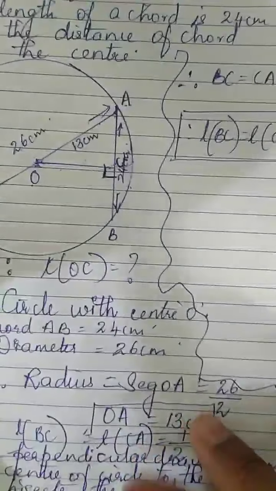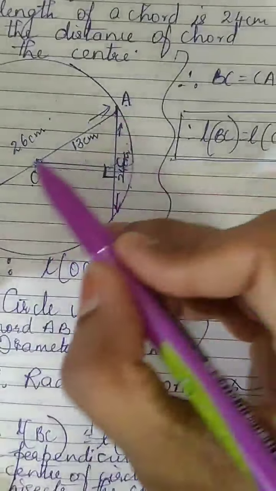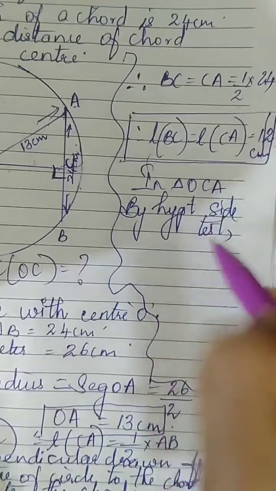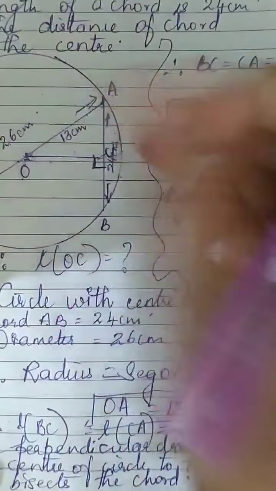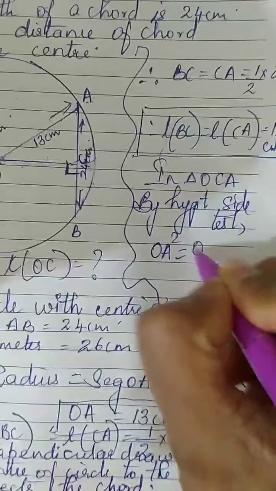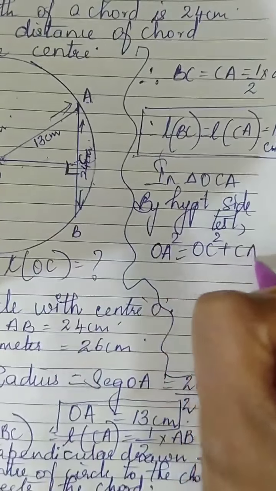Now, like we did in the previous sum, take this triangle OCA. In triangle OCA, by hypotenuse side test, hypotenuse square, OA square is equal to OC square plus CA square.